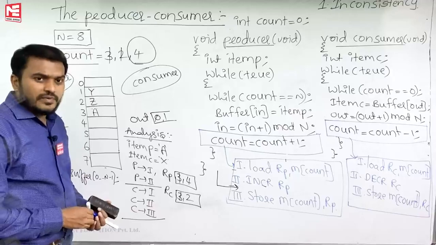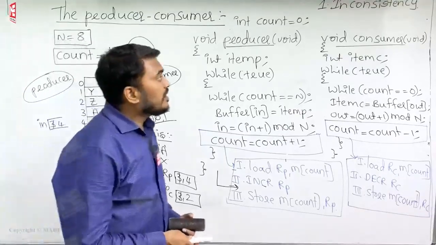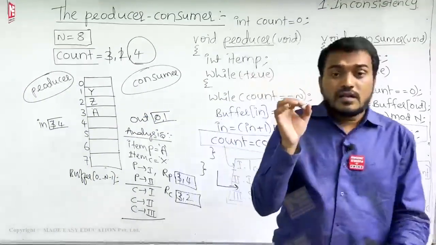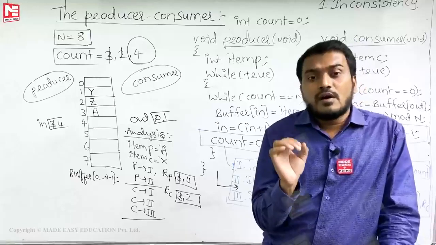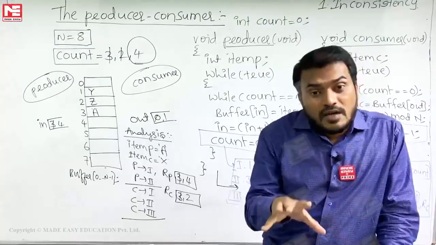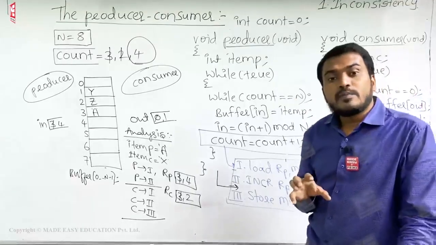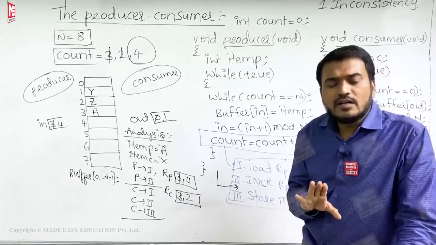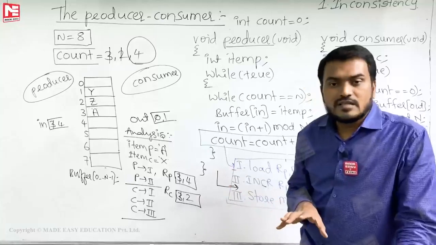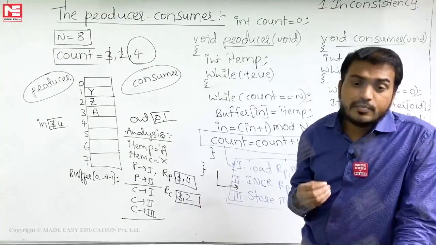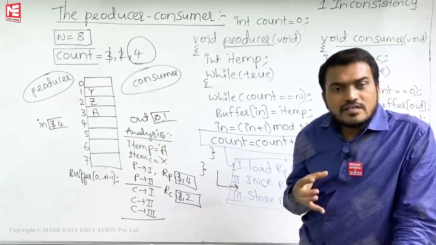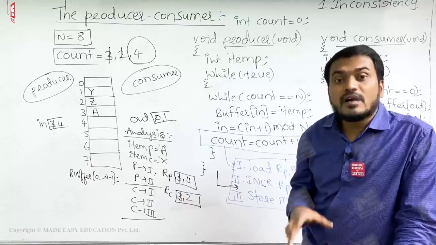Why is this problem coming? Now tell me why this problem is coming. Because producer and consumer are not properly synchronized. Thoda wait karo, I'll give the time. Don't copy, you can just listen. Producer and consumer are not properly synchronized while sharing the common variable count.